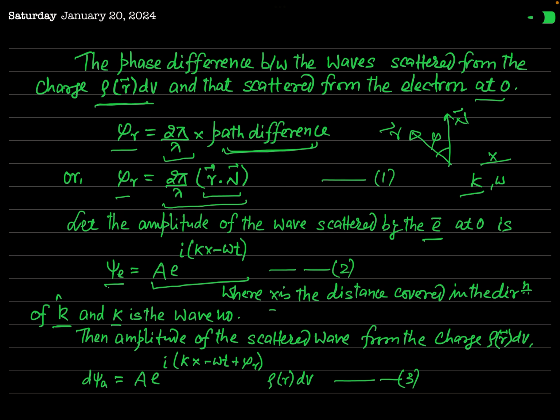Now we have to find the amplitude of the scattered wave from the charge element rho r dV. When you talk about the amplitude of the wave scattered from this element, definitely in its expression you have to introduce this phase difference, because the wave scattered from this element differs in phase from the wave scattered from the electron.